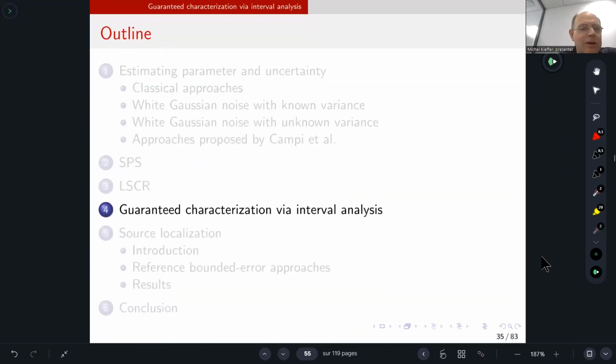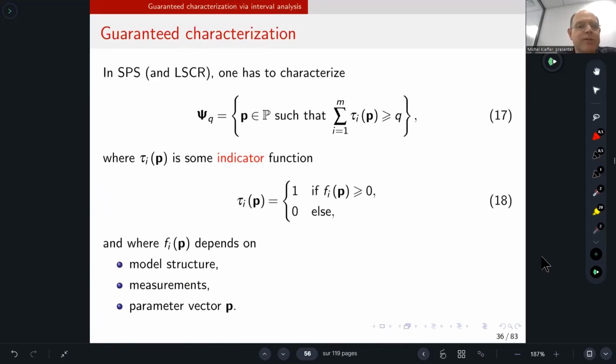Okay, now I'll switch to the guaranteed characterization using interval analysis, the way this characterization is performed.